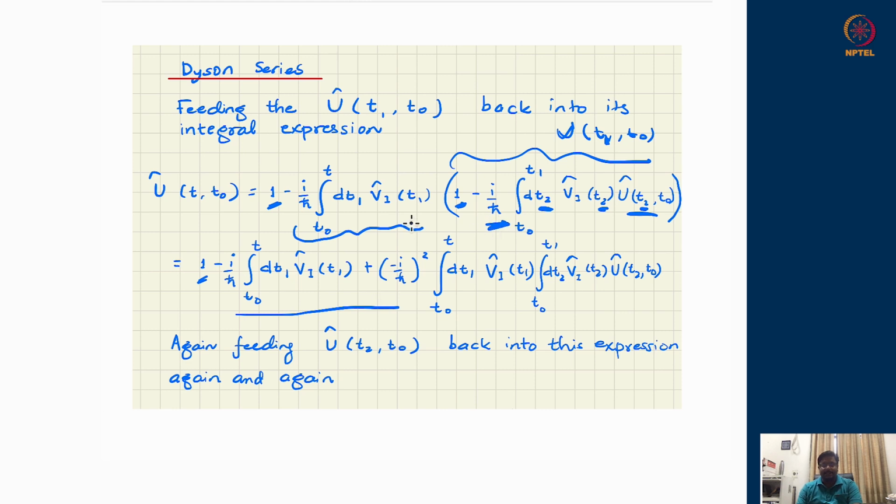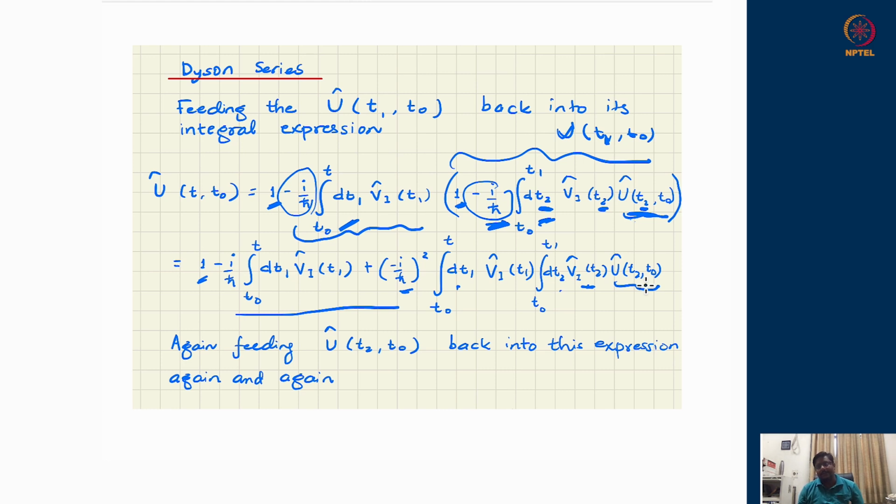Then this term here multiplies the outside term, and I get minus iota over h bar whole square, one factor of minus iota over h bar from here and one from here. So together they get the squared quantity. Then a double integral, one integral here and one integral here: dt1 of the interaction potential and dt2 of the interaction potential times the unitary up to the second integration limit.